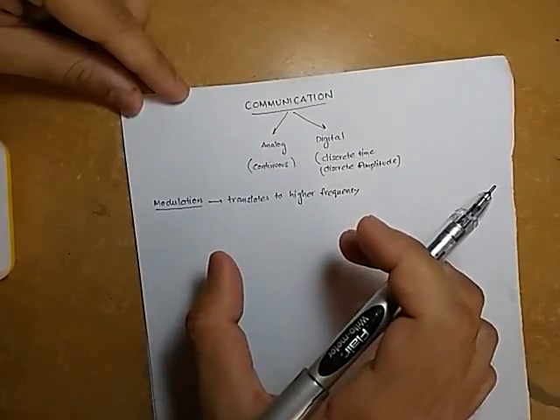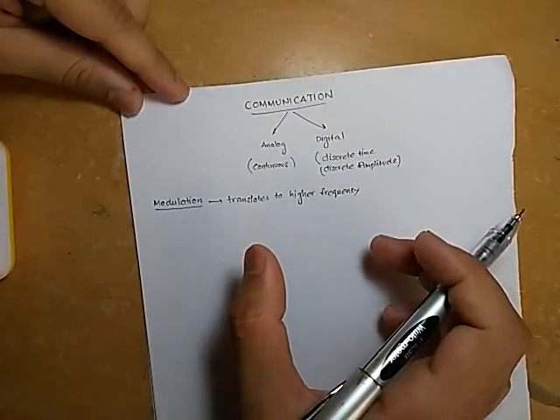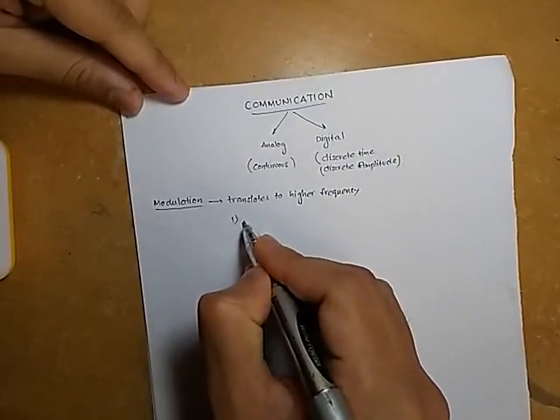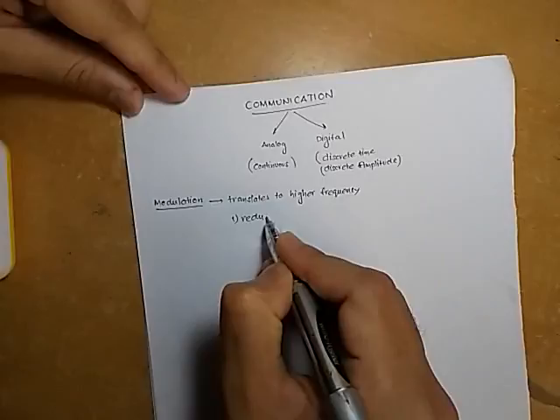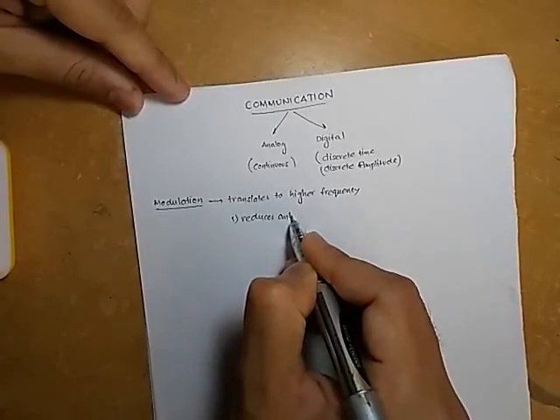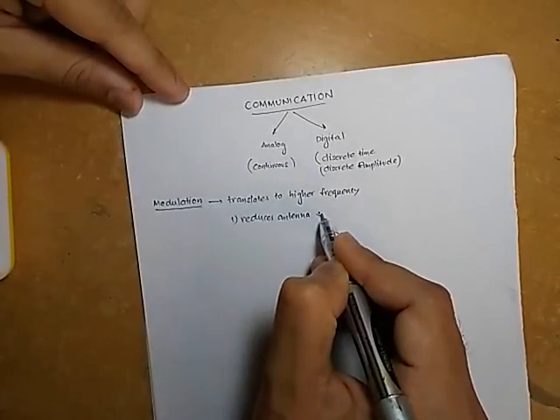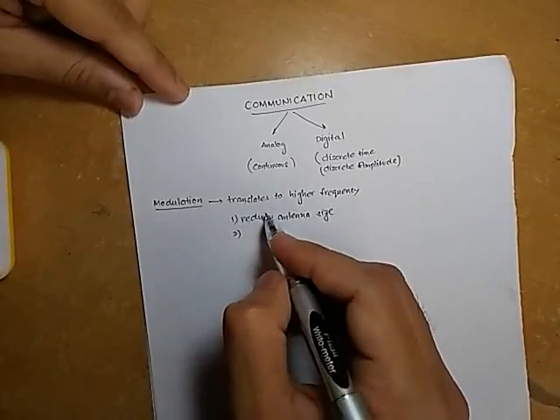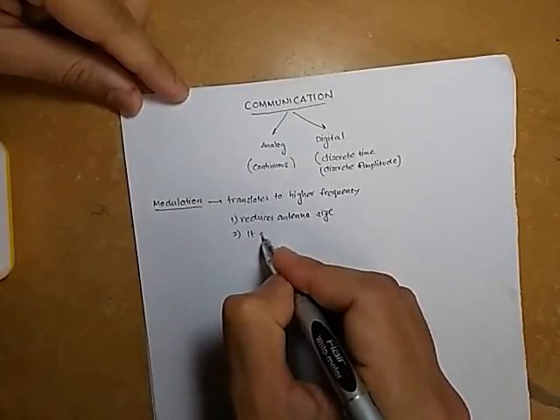The advantages of translating it to higher frequency are many. First, it reduces antenna size. Second, it is used for multiplexing.